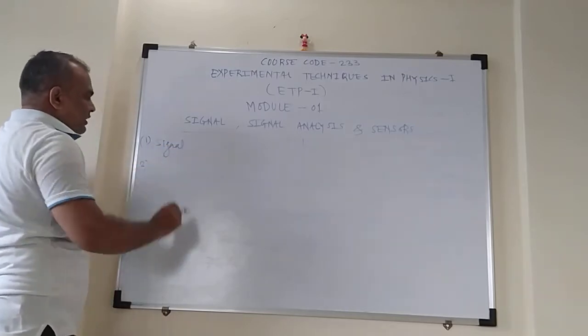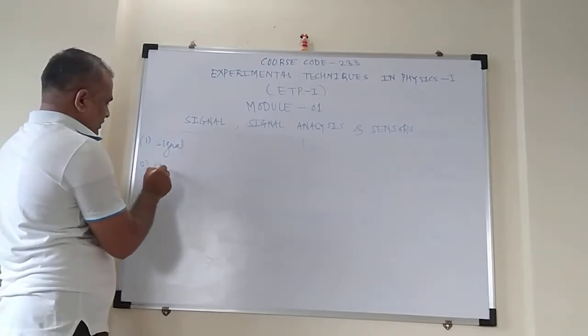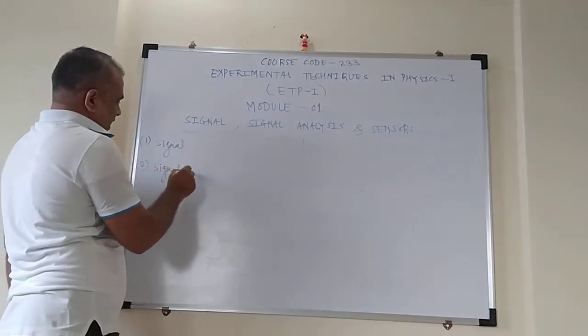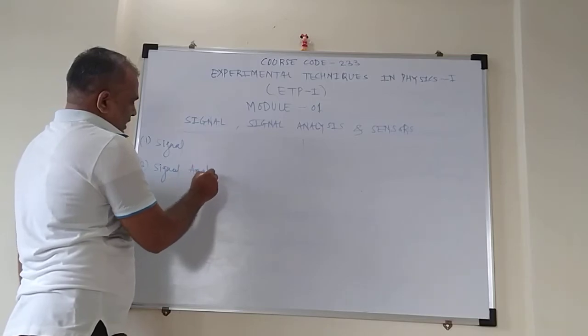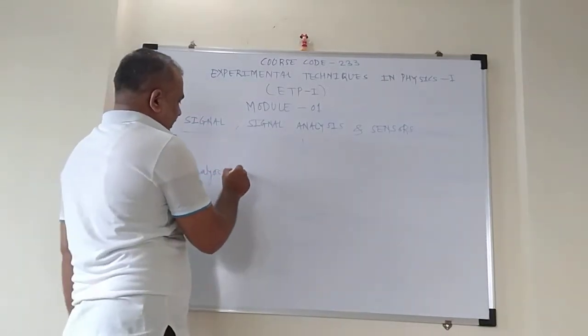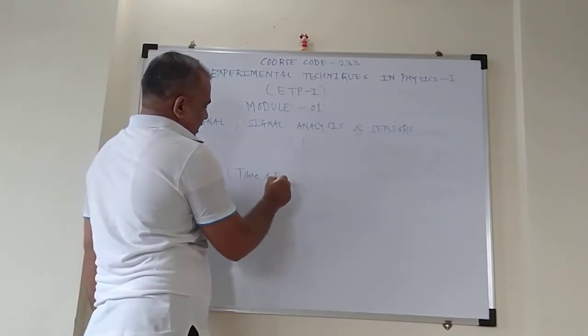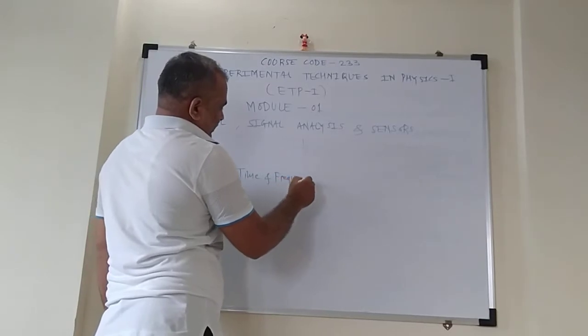And the second topic that we have to study is signal analysis, and we have to study this signal analysis in two domains, that is in the time domain and in the frequency domain.